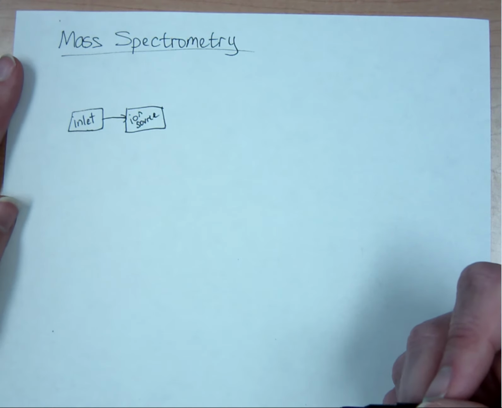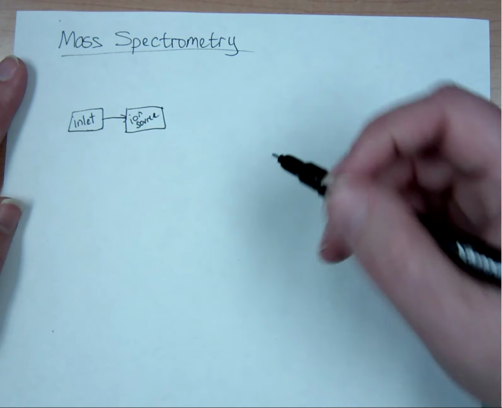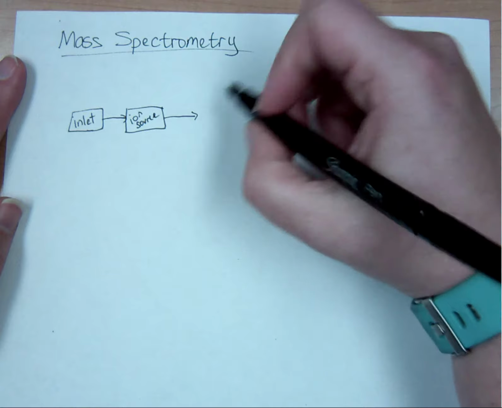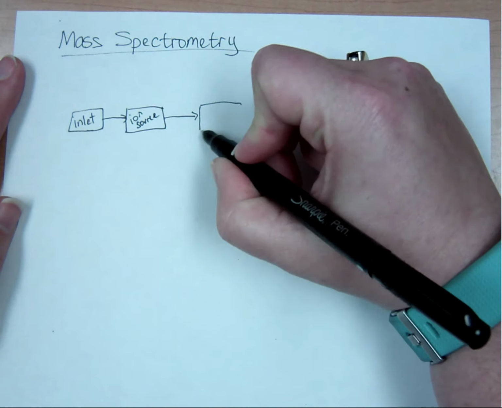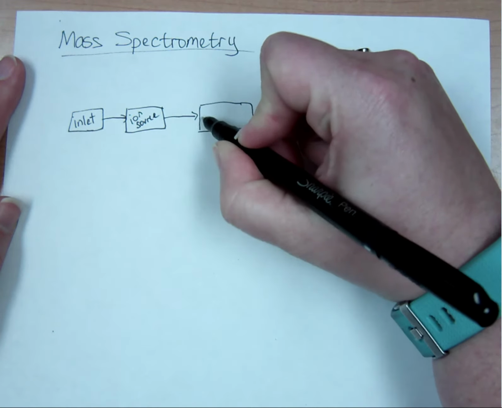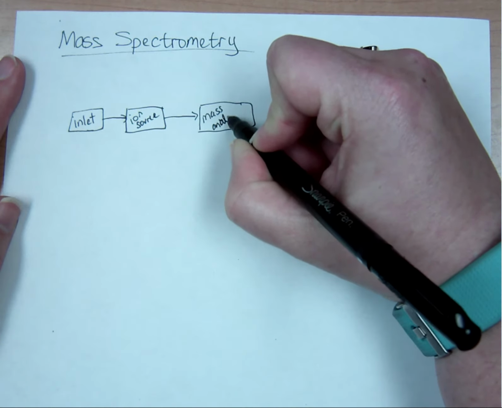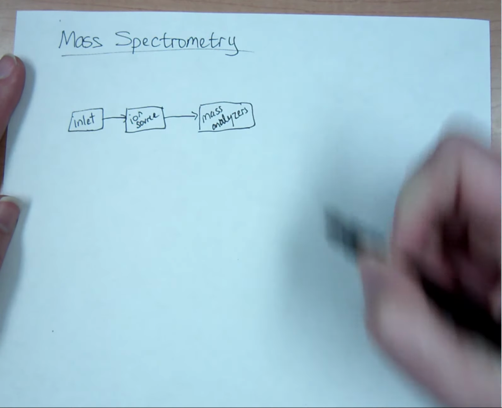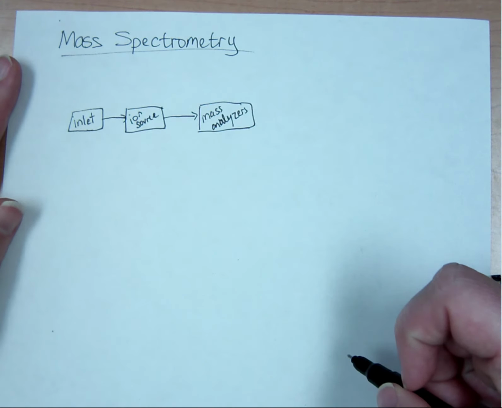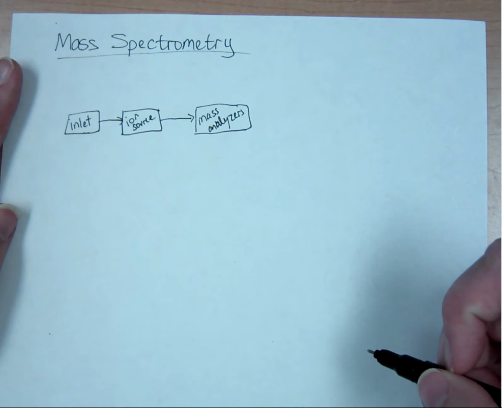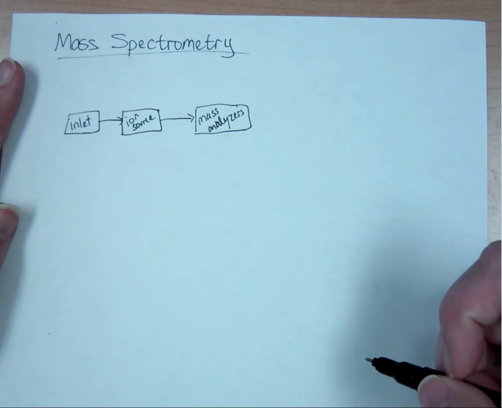and we'll look at an example of that later on in this module. Now, from the ion source, we're going to take the ions that we form and we're going to analyze them. We're going to do this in some kind of a mass analyzer. Okay, there's a variety of mass analyzers available. Some are going to give you more precise measurements than others, but ultimately it's going to do some kind of separation of the ions based on their mass to charge.